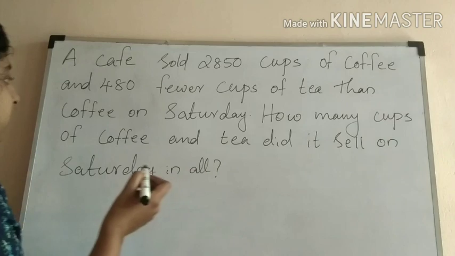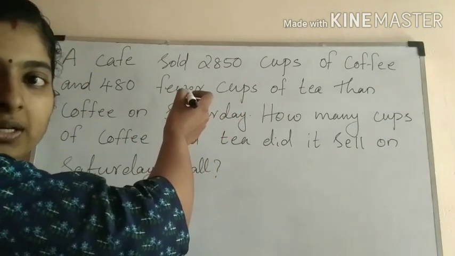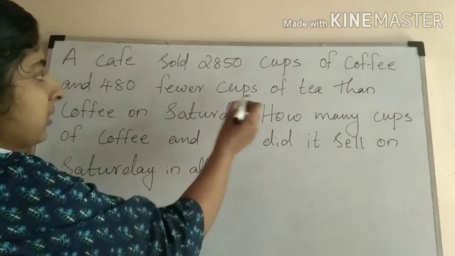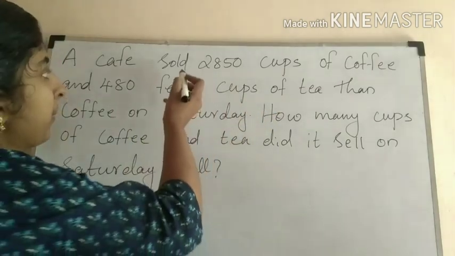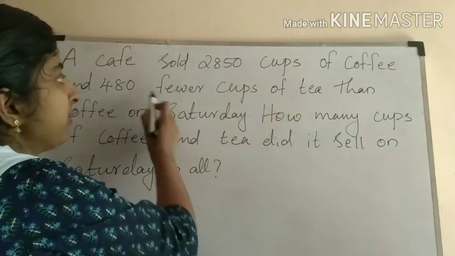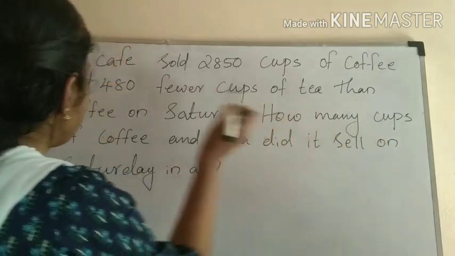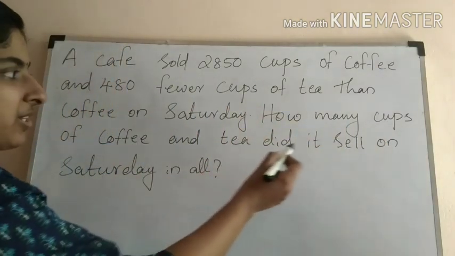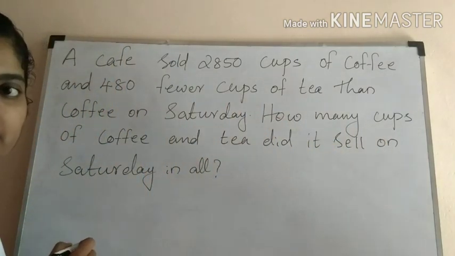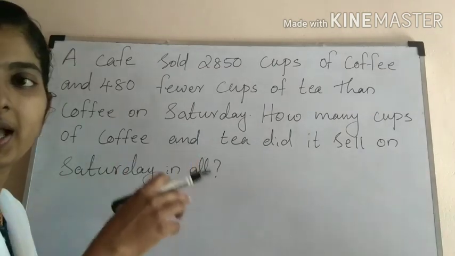Okay, then in that we have to find the number of teas also. Number of coffees is given. We have to find the number of teas from this data. Then after that, how many cups of coffee and tea did it sell on Saturday? After that, we have to find the total number of tea and coffee.